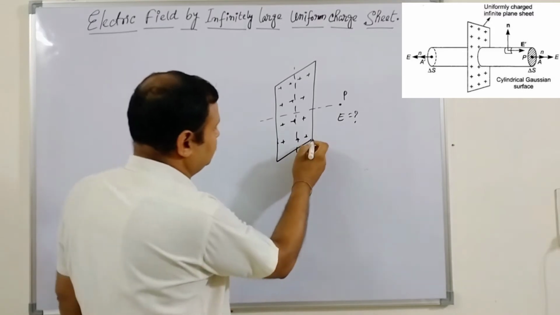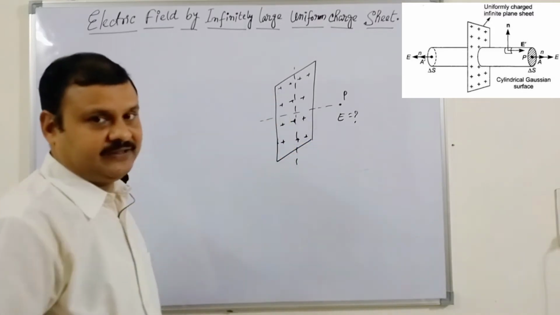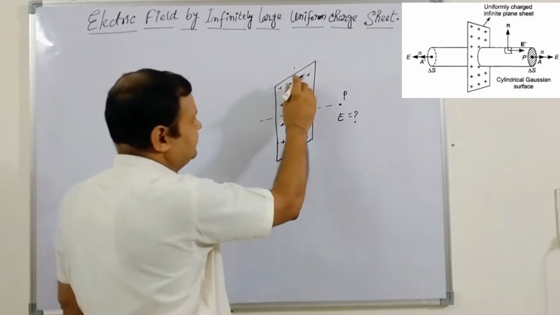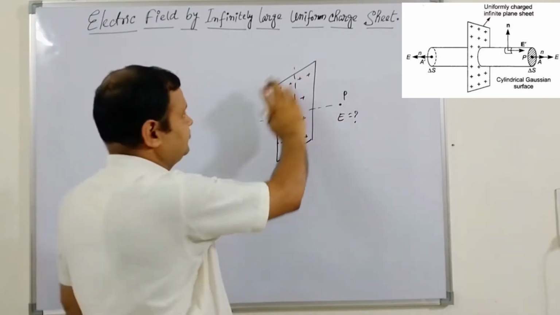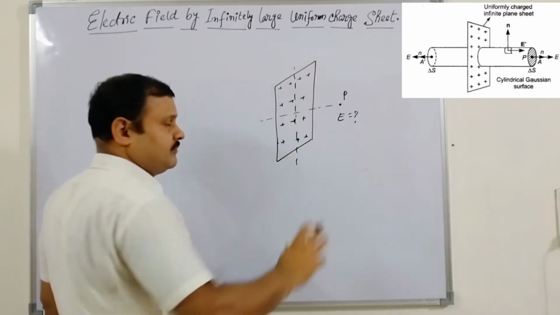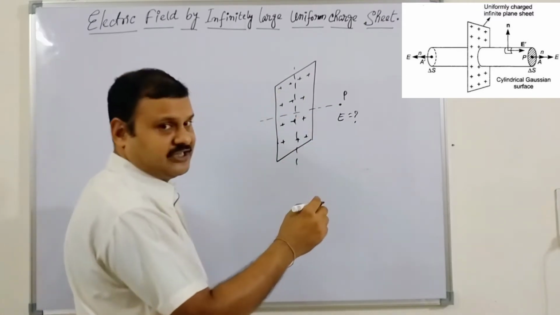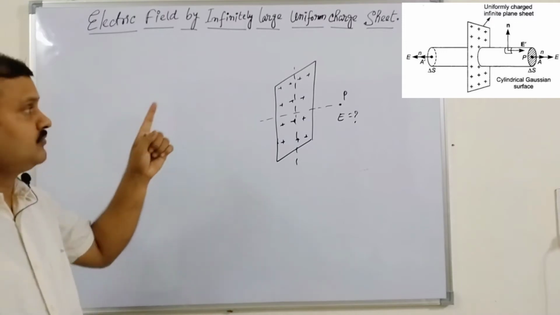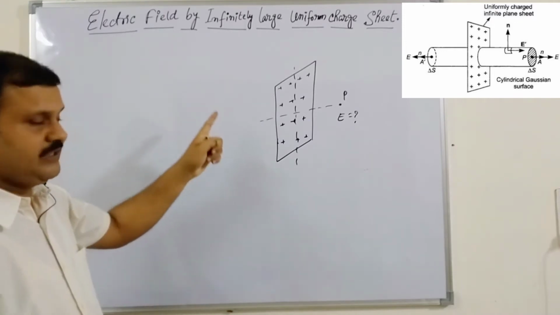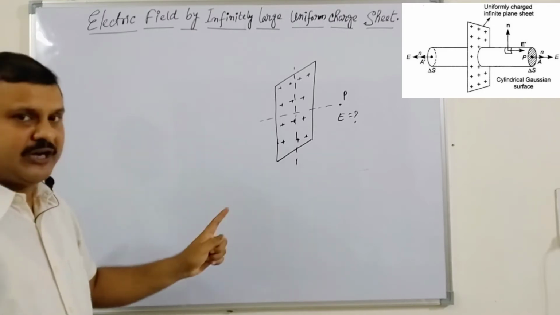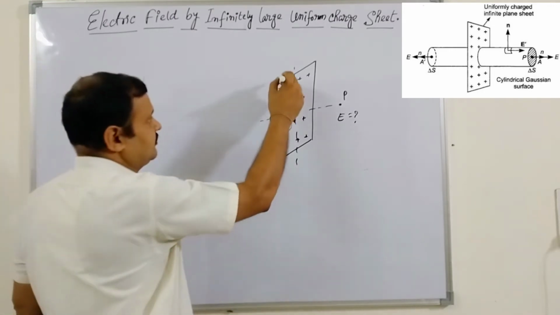Now, as the sheet is very thin, the charge is distributed only over the surface, and there is a term, the charge density. Earlier, for the long wire, we said charge per unit length. A wire is one dimension. Here it is two dimensions, because of length and breadth.